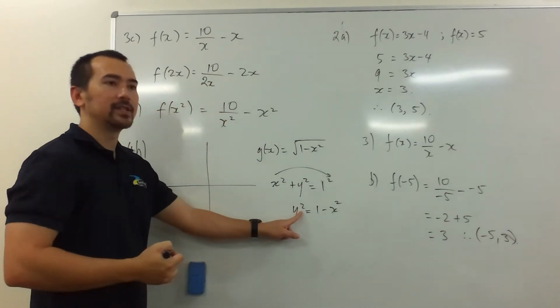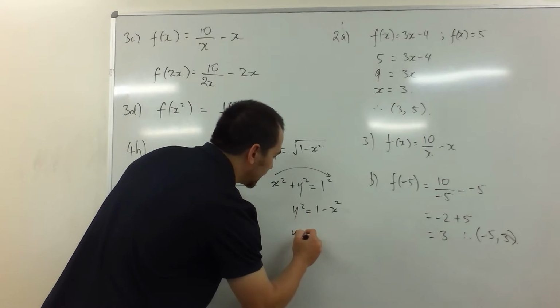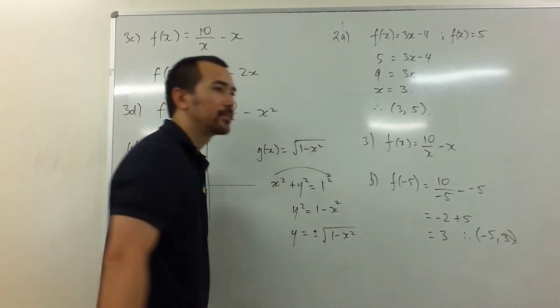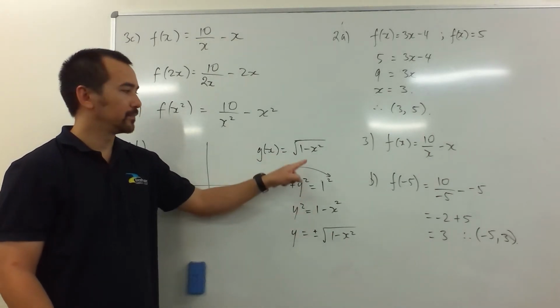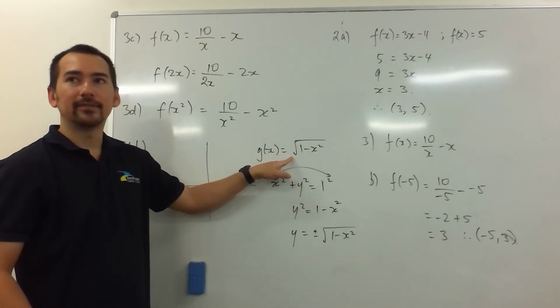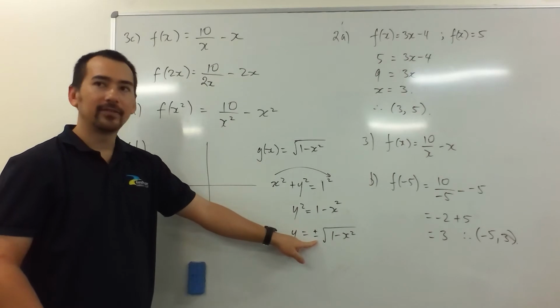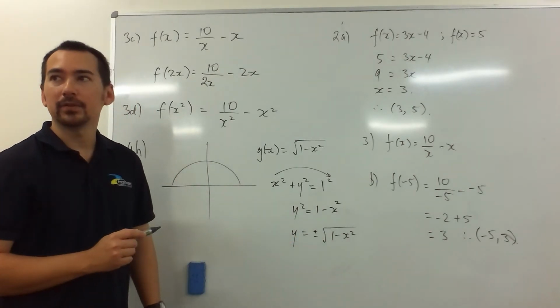Now, how do I get rid of this square right here? Take the square root. So y is equal to plus or minus the square root of 1 minus x squared. So that now looks the same as this. If they don't specify a minus, like I have here, it means they want the upper half of the semicircle.